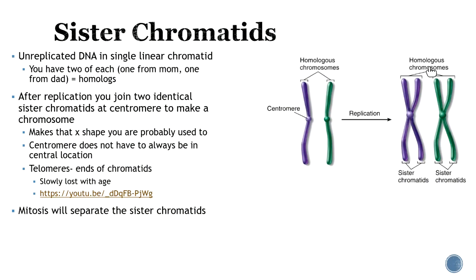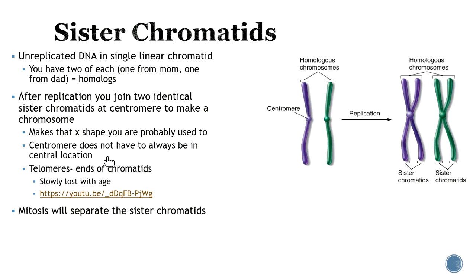So we copied this one, made an exact copy, and we keep them together with a little protein holding ball right there. Think of it like a staple, it's temporary. We kind of staple them together, and these are called sisters. So the sisters, it's still the same chromosome, they're exact copies held together by that centromere. And then this will be a homologous pair, and we'll talk about those again when we talk about meiosis.